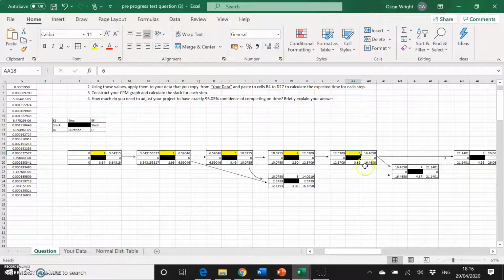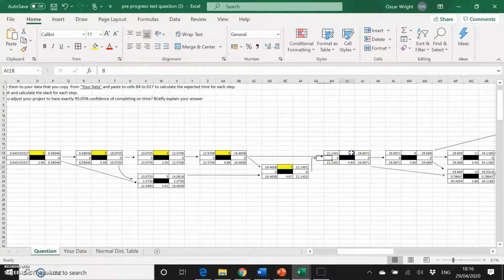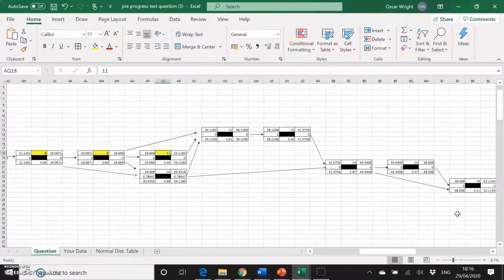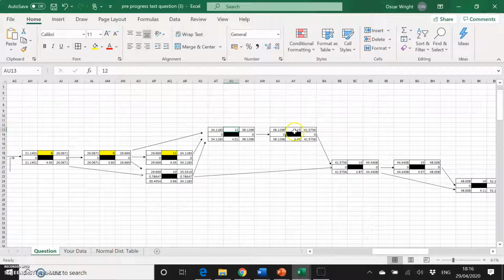Number 6 has no slack. 7 has no slack. 8 has no slack. 9 has no slack. 10 does have slack, as we can see here. 11 has no slack. 12 has no slack.